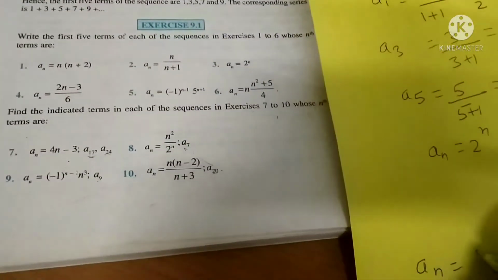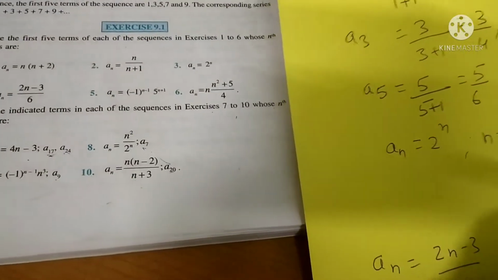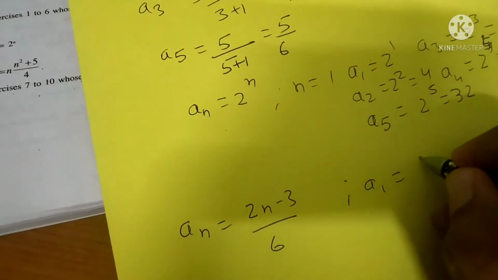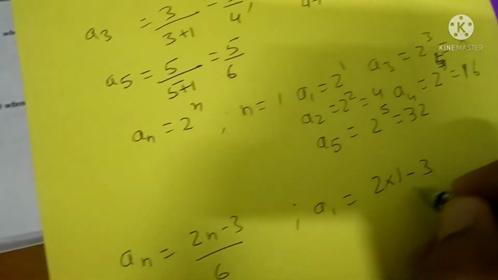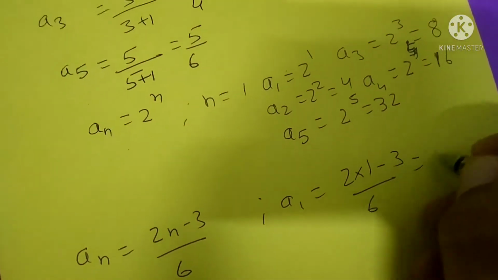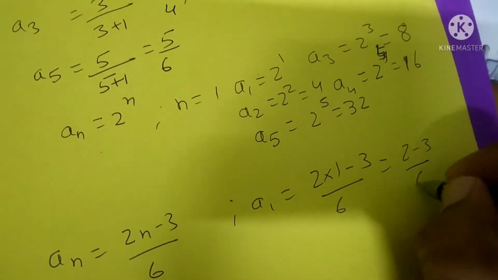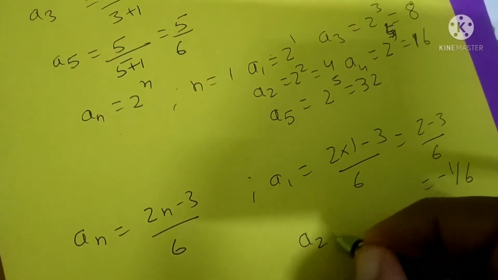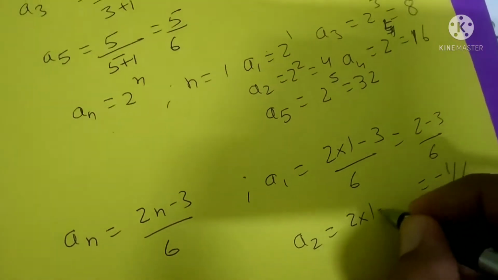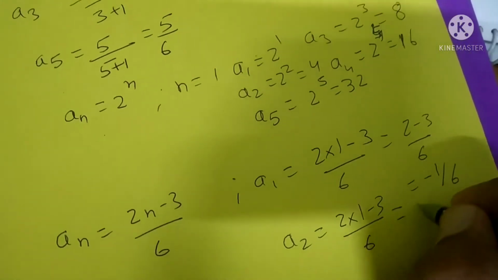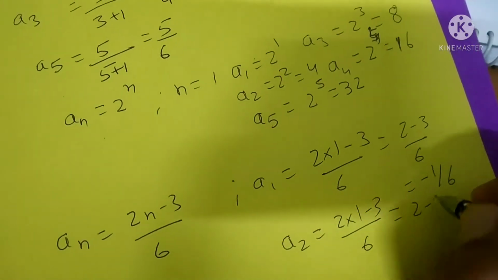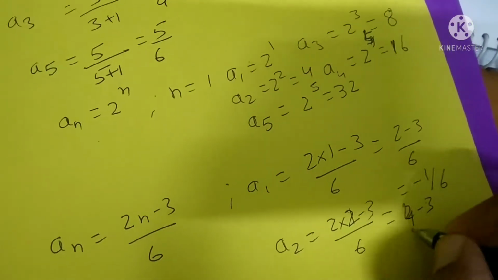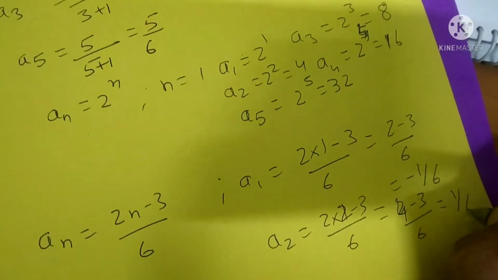(2n minus 3) divided by 6. So the first term will be a1 is equal to (2 into 1 minus 3) divided by 6, equal to (2 minus 3) divided by 6, equal to minus 1 by 6. So a2 will be equal to (2 into 2 minus 3) divided by 6, यहाँ पे 4 minus 3 divided by 6 equal to 1 by 6.